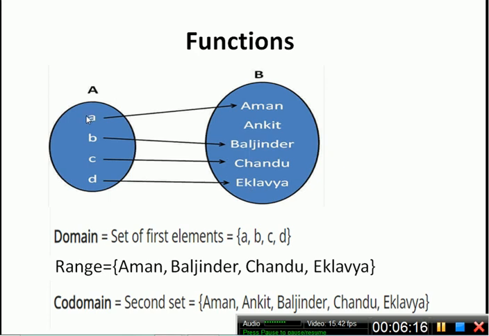We are mapping from set A to set B, meaning what each element of A is pointing to in B. For example, these are the grades and these are the students. Aman got A grade, Baljinder got B grade, Chandu got C grade, Ekalavya got D grade, or else A grade to Aman, like this. What we get as the output is called the range.